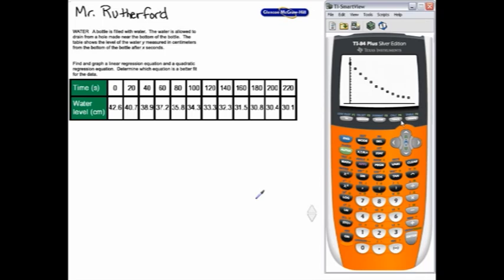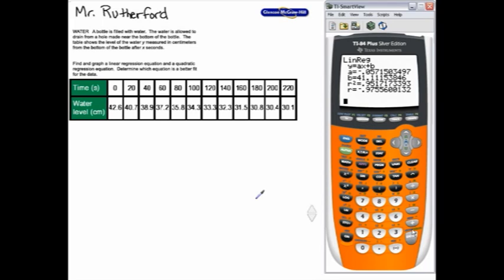So next we need to go ahead and find and graph a linear regression equation. To do that, we'll hit the Stat button, and we'll go to Calculate. We'll come down here to number 4, which is linear regression, and hit Enter. Enter again.